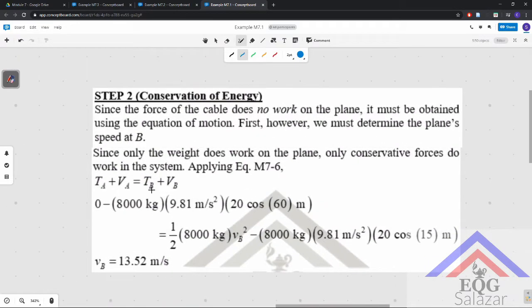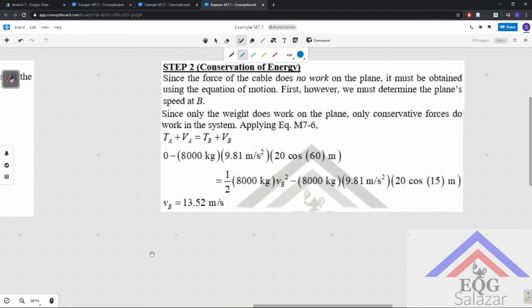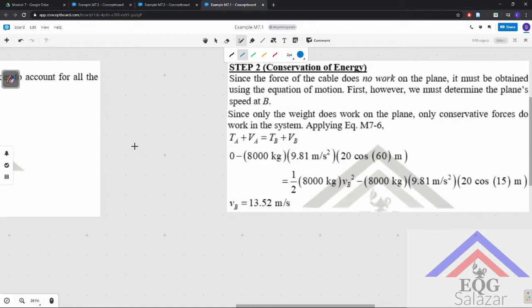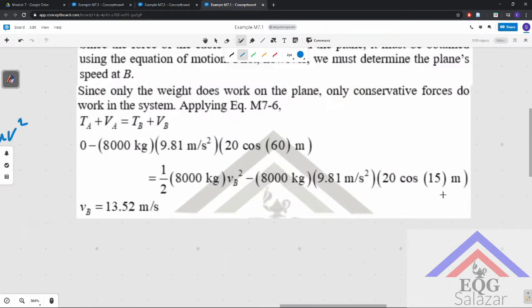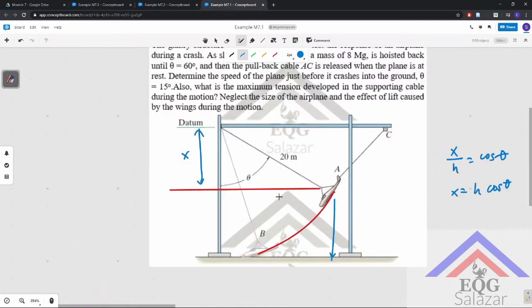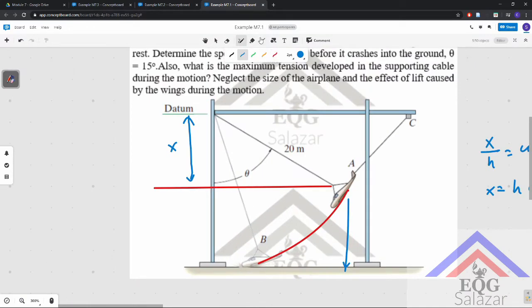And then at point B, that's 1/2 times 8,000 times VB squared, because again, kinetic energy T is equal to 1/2 mv squared. And here we have 20 cosine 15, because yet again we have another right triangle at this point.